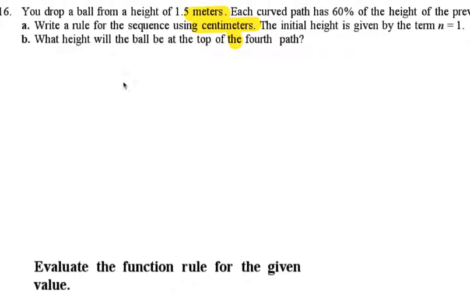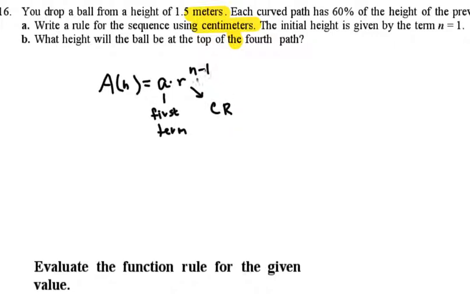Okay, so the sequence formula that we are using is a sub n equals a times r to the n minus 1. This is your first term, this is your common ratio, and this is the number of the term that we're looking at, right? So, drop a ball from 1.5 meters.